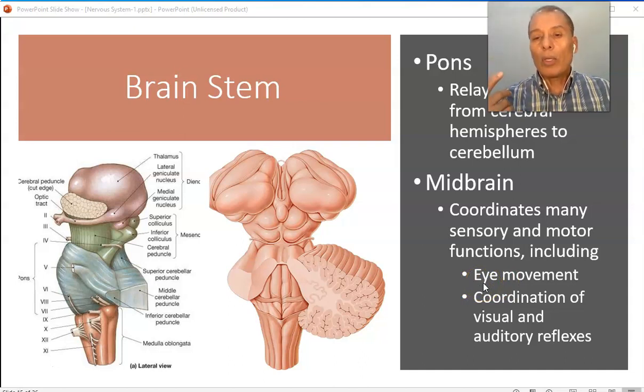For example, there's a nerve that moves the eyes side to side, one that moves the eyes up and down, like scanning down and up and sideways. One controls pupillary reaction, like when you flash a light into the pupils, they constrict. So all of these nerves come out of this area.